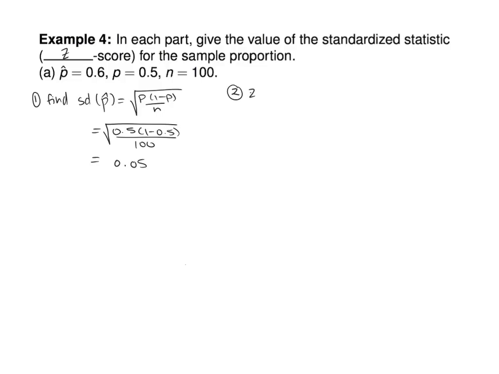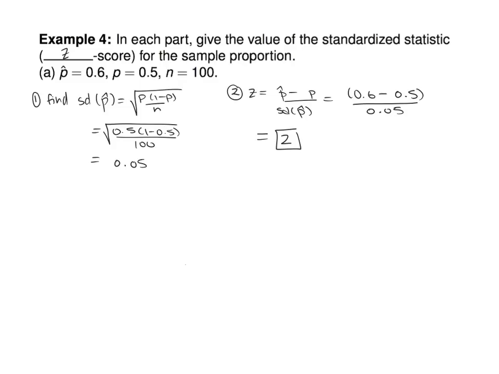And next, our Z-score is P hat minus P over the standard deviation of P hat. So our P hat is 0.6 minus 0.5, all over 0.05, which is 2.